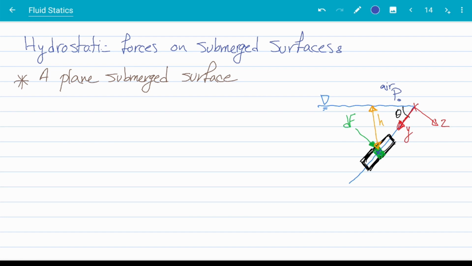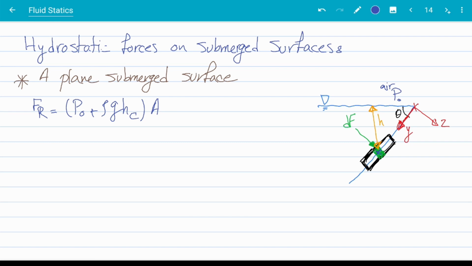Okay, so we found the magnitude of the total force. Now we really want to know where this total force is applied. So I know that the total force Fr is P0 plus rho g h of the centroid times the area, right? Now I want to know where this force is applied.